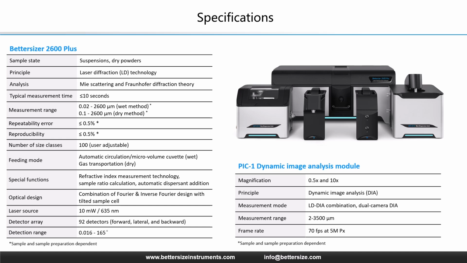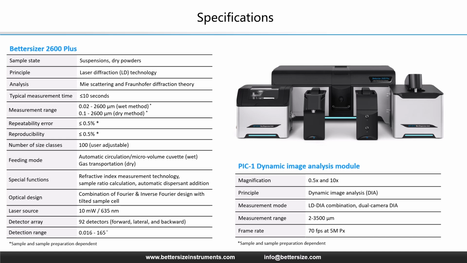Here are the detailed specifications of the system. The Bettersizer 2600 Plus covers a measurement range from 0.02 to 2600 microns with excellent repeatability of less than 0.5%. It utilizes a patented optical design that combines Fourier and inverse Fourier setups with a tilted sample cell to ensure high accuracy.